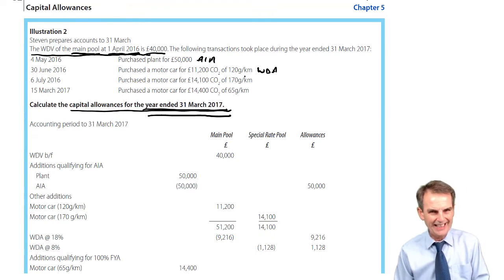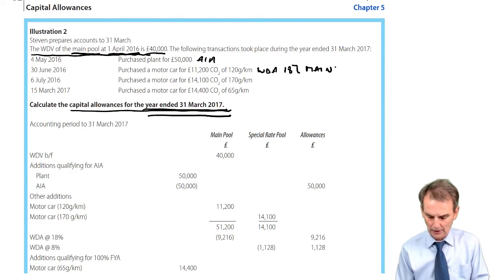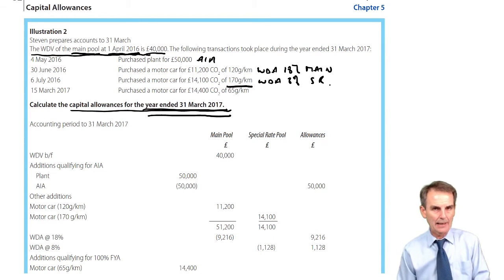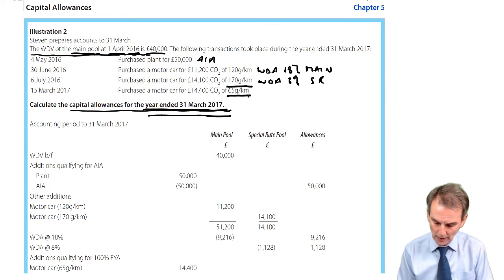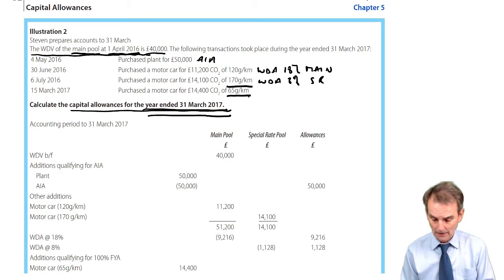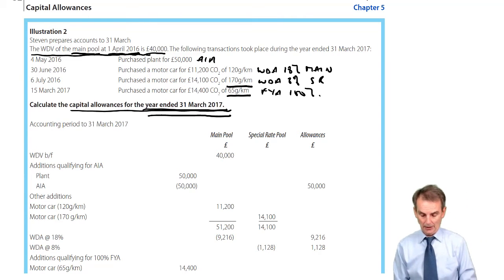It is between 76 grams and 130 grams per kilometre, so it's 18% writing down allowance, and it's allocated accordingly to the main pool. Whereas the motor car with 170 grams per kilometre will again attract only writing down allowance. It will be 8%, and it will be allocated to the special rate pool there. Whereas the low emission car, 65 grams per kilometre, not exceeding 75 grams, will attract your first year allowance, which you know to be 100%.